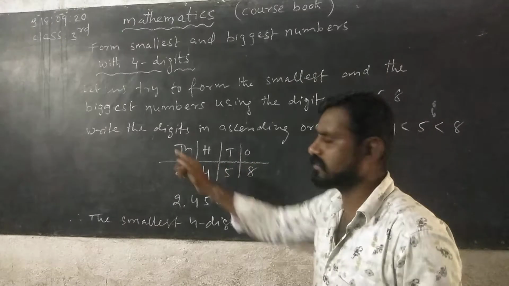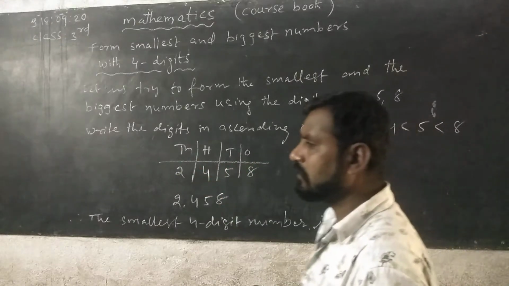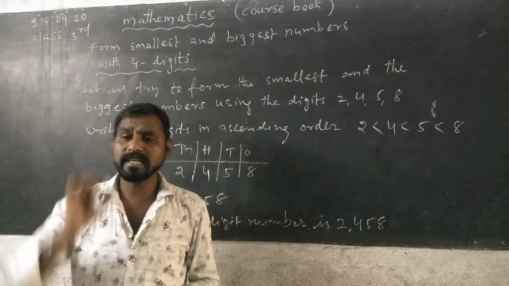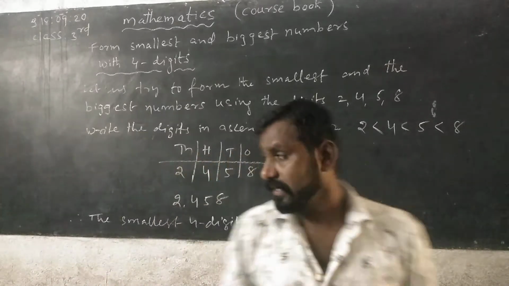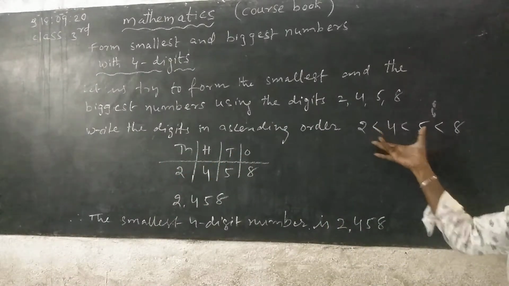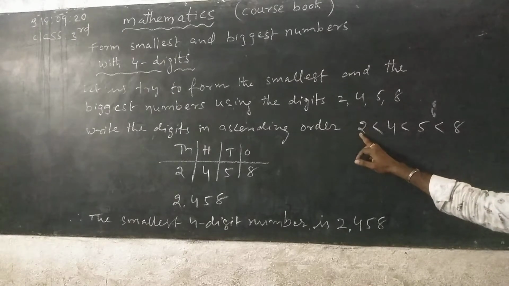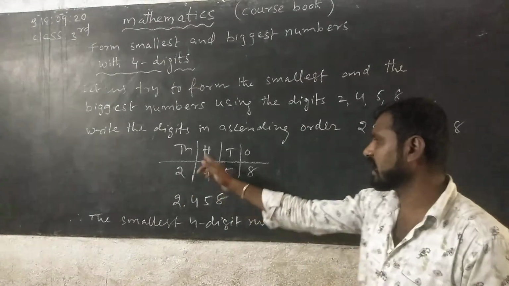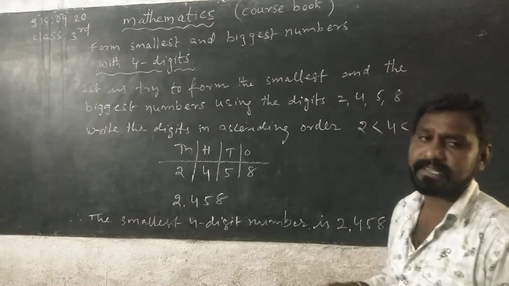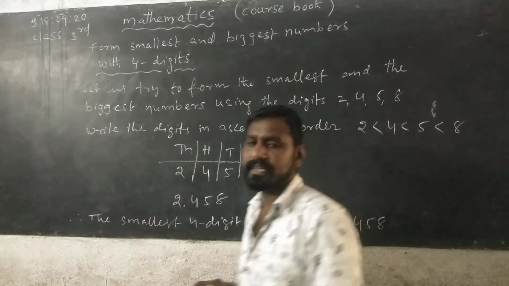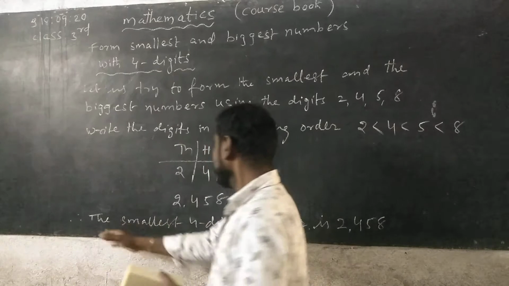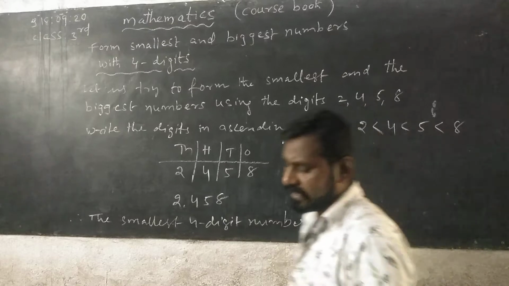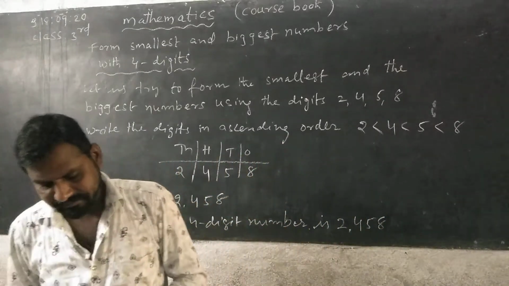To form the smallest 4-digit number, first select the smallest digit among these digits. The smallest digit is 2, you write in thousands place. 4 in hundreds place, 5 in tens place and 8 in ones place. Then automatically the smallest 4-digit number is 2458.